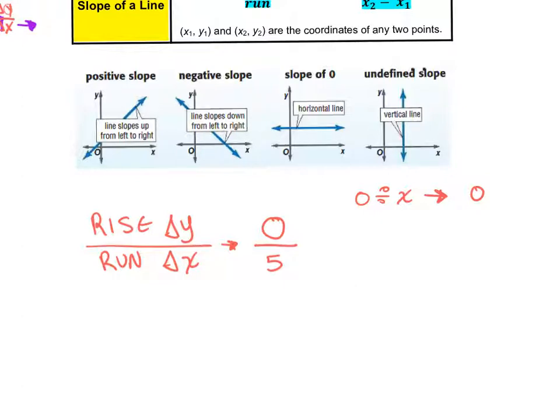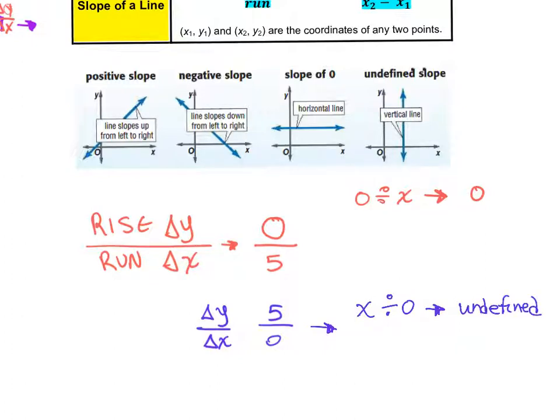It's a number. On the other hand, if you were to compare a change of y of 5 units and divide it by a change of x of 0, you can't take $5, let's say, and divide it among 0 people. It's not possible. When your denominator is 0, that is what we consider an undefined slope. So any number divided by 0 will always give you an undefined value.